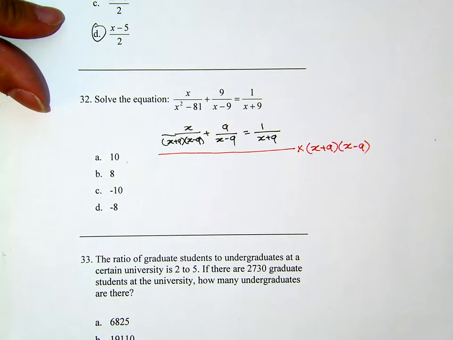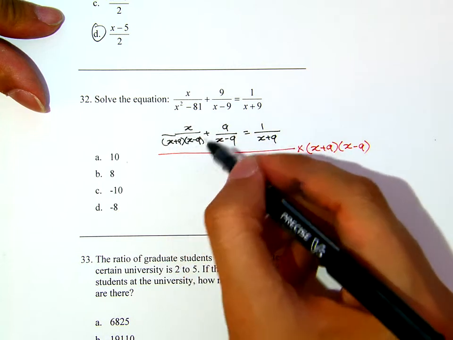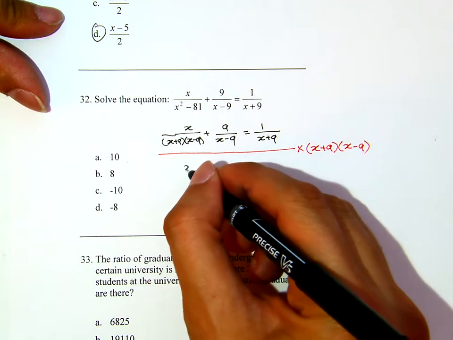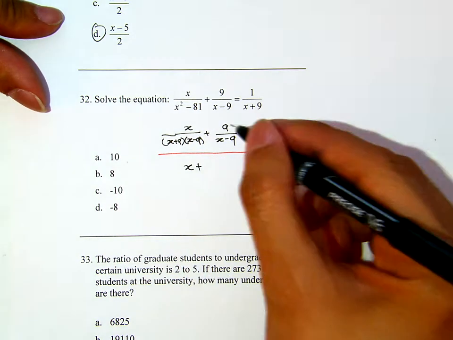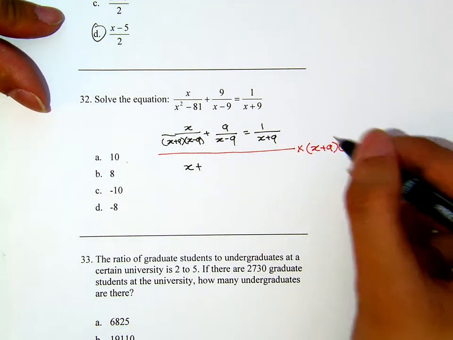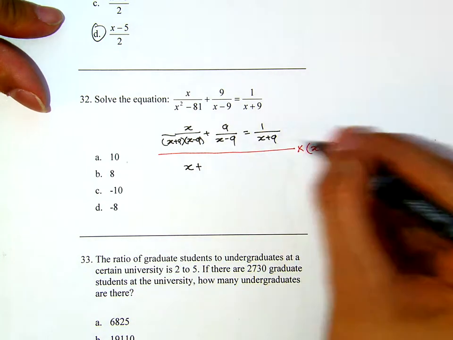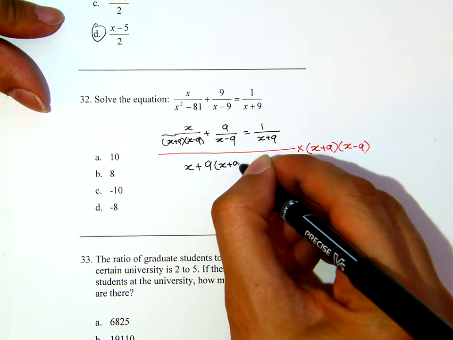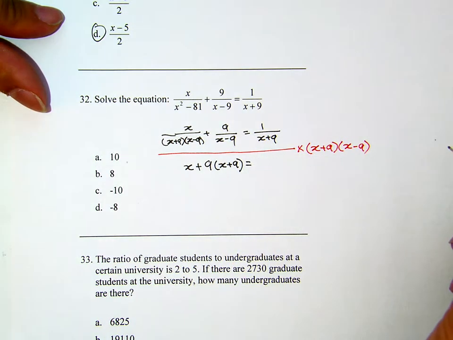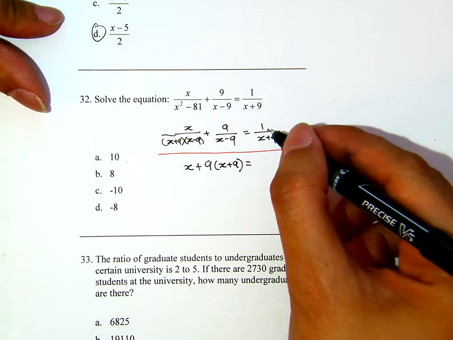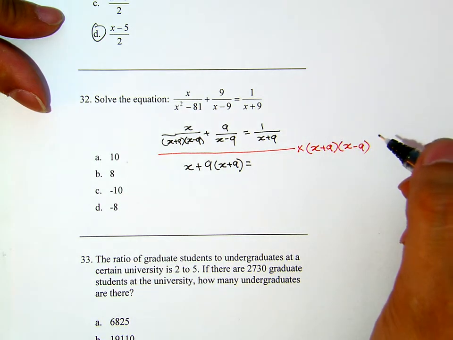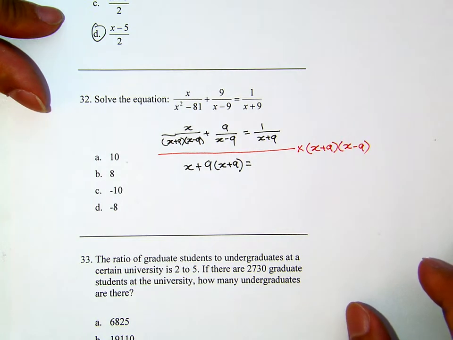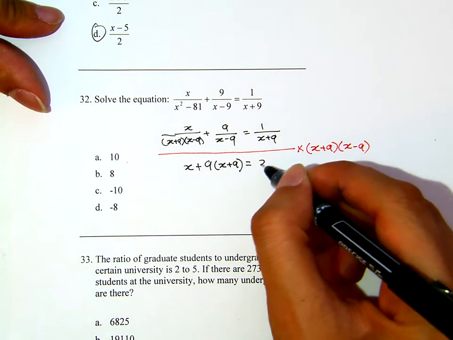On the first rational expression, that will be x only. The second rational expression, you see the x minus 9 cancels, so I have x times x plus 9 left. Lastly, on the right-hand side of the equal sign, 1 over x plus 9, the x plus 9 cancels, and I have x minus 9 left.